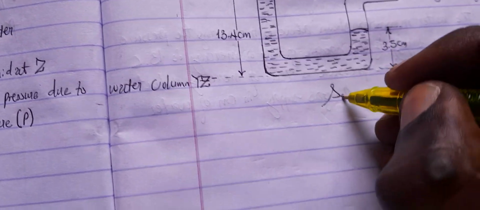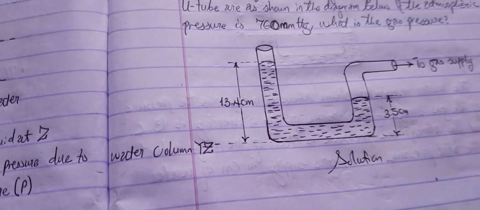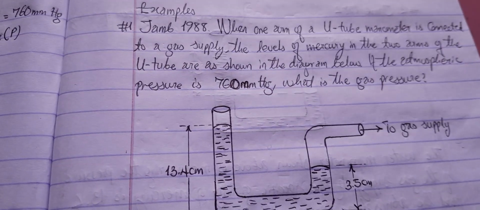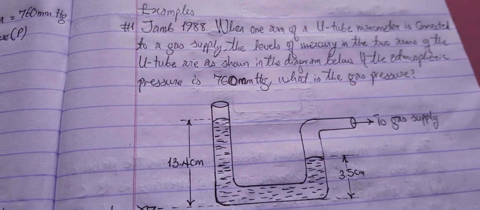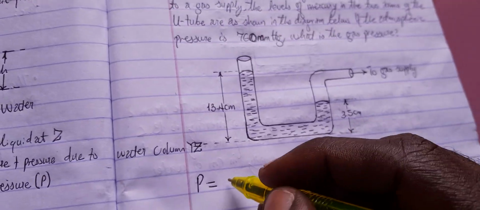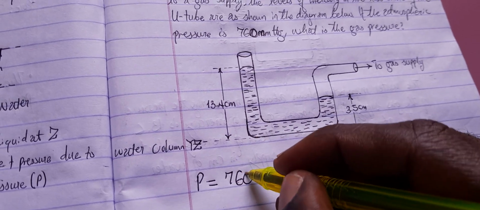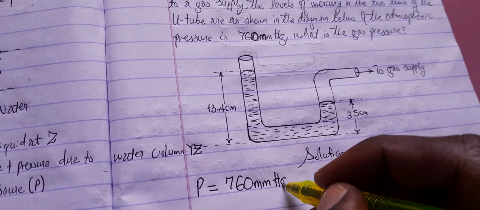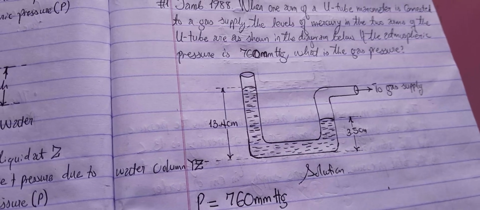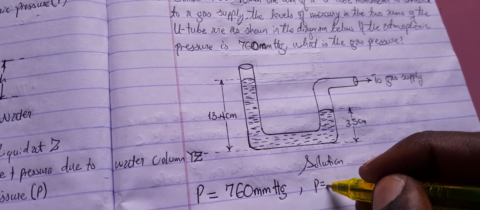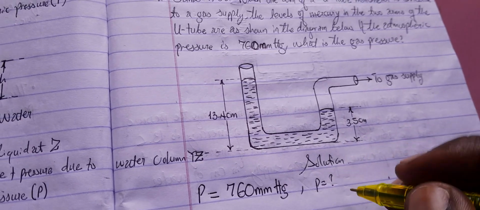So, solution. Let's look for important keywords. They say the atmospheric pressure, that's capital letter P, equals 760 millimeter of mercury. We're asked to calculate the gas pressure, that's small letter p.